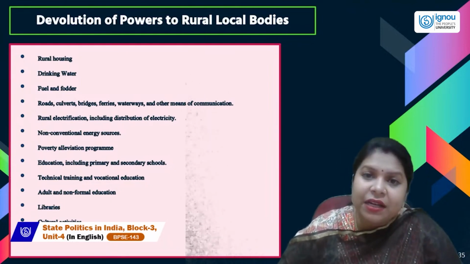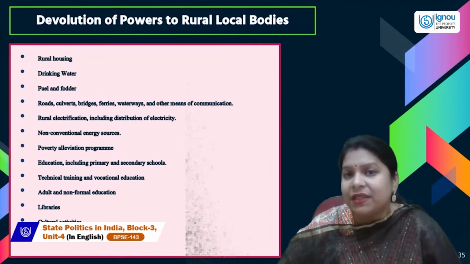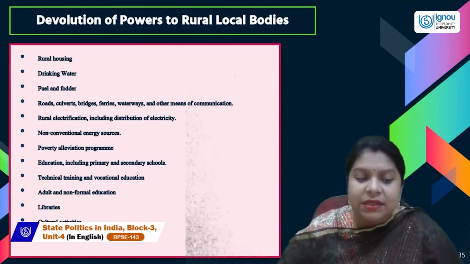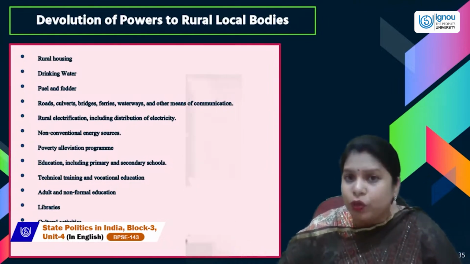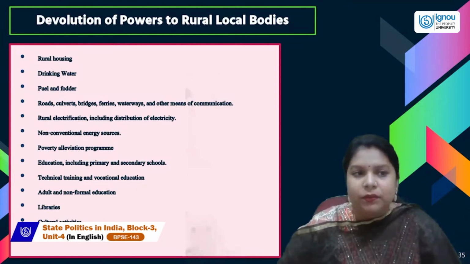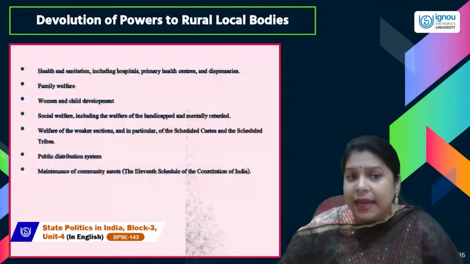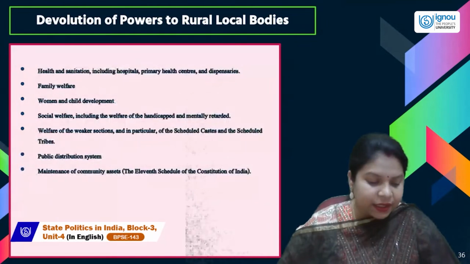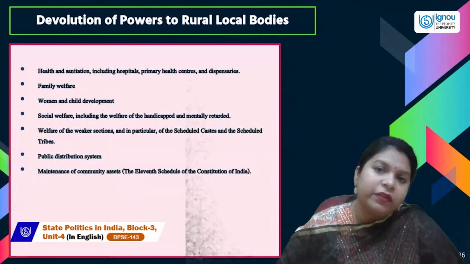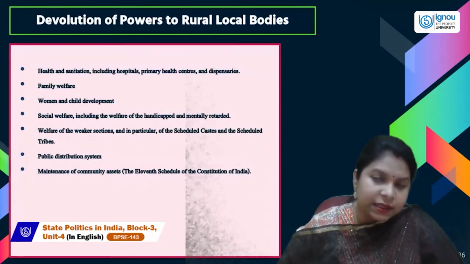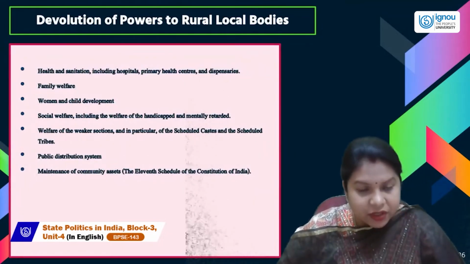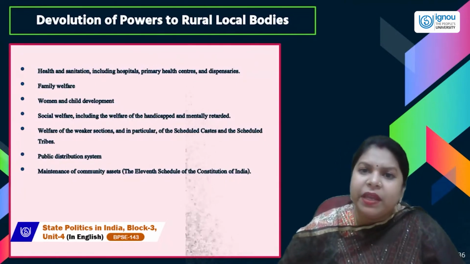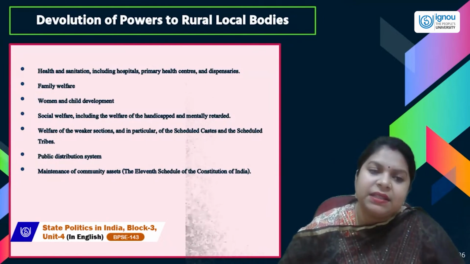These cultural activities, markets and fairs also provide a source of income to many rural people over time, so these markets and fairs are a boon to the rural people. Along with that, health and sanitation, which includes hospitals, primary health centers, and dispensaries, is also one of the most important things this list talks about. Family welfare is also there, and also women and child development. So these are all the major things that this list talks about.